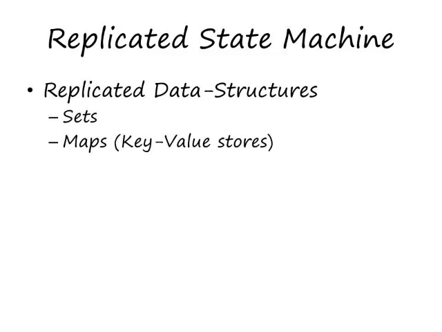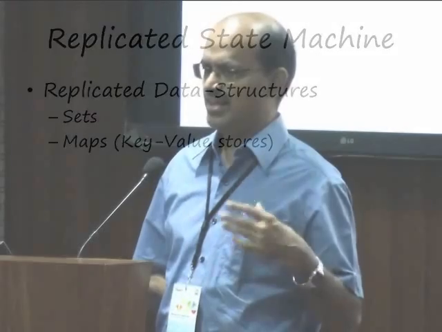Specifically, if you look at replication, which, as I said, along with partitioning is one of the 2 key ingredients of distributed data, you will hear the term replicated state machine, which is essentially a replicated data structure like a set or a map.